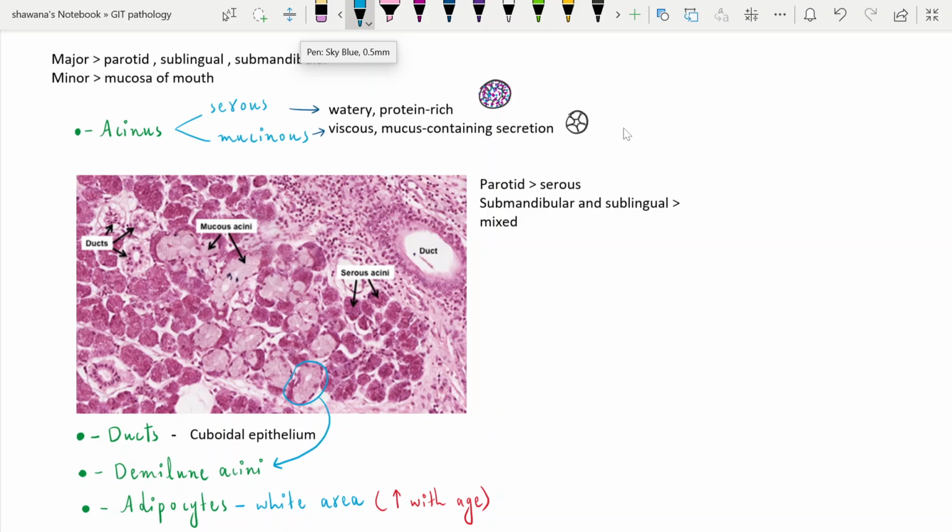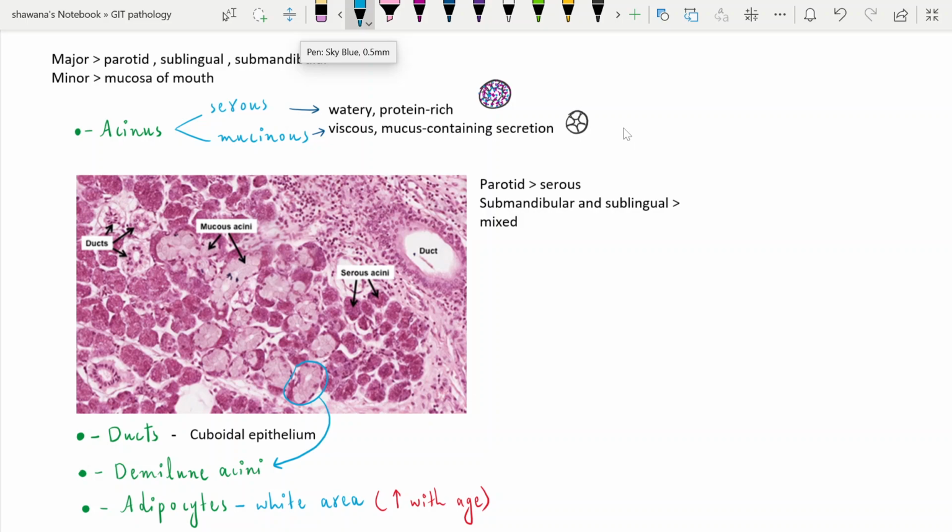Serous means that it secretes watery, protein-rich fluid, and mucinous means that it secretes mucus, and mucus is viscous and thick as compared to the serous acini. Serous acini are mostly blue and eosinophilic, meaning pink. The serous acini are darkly colored, so blue and pink spots can be seen under the microscope.